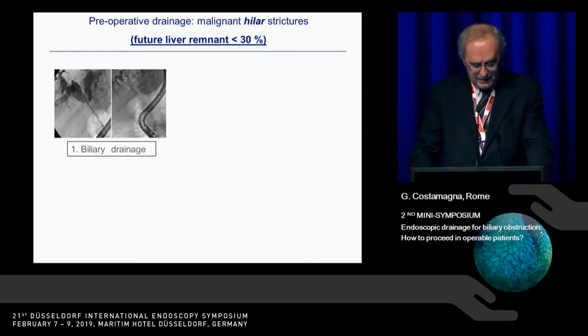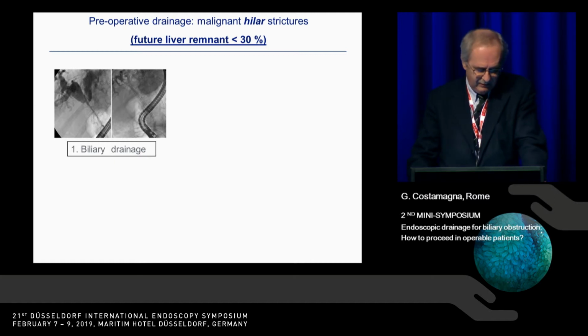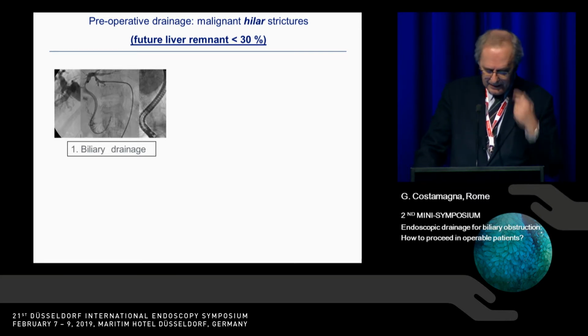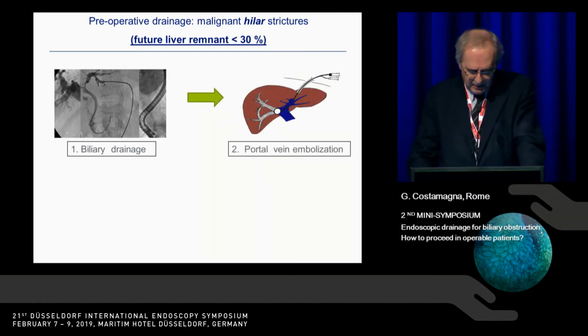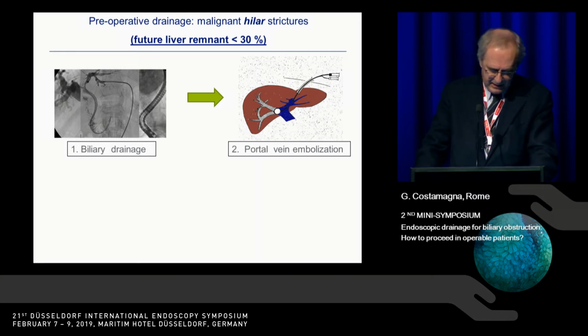Again, there is no evidence, but I think it's best, to avoid septic complications, to drain completely the liver. And this may be done also percutaneously, of course. Then the second step will be the portal vein embolization of the liver that will be resected.